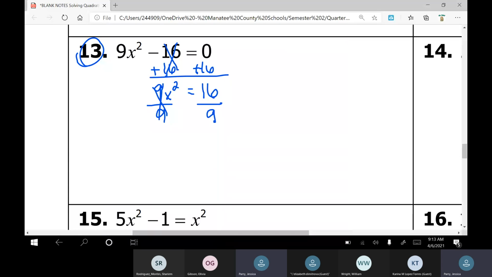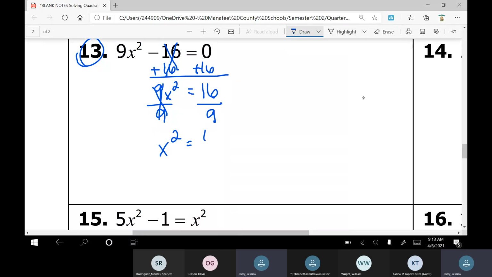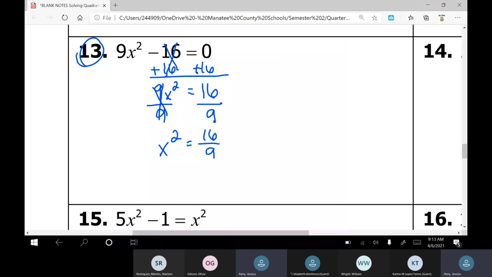So those cancel out. Here's my x squared. And this 16 over 9, I cannot simplify. I can't divide. So I'm just going to rewrite 16 over 9. Okay. Now I have my x squared isolated. Now I can take the square root on both sides.